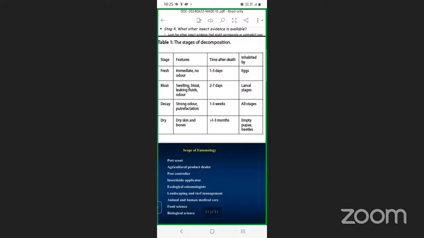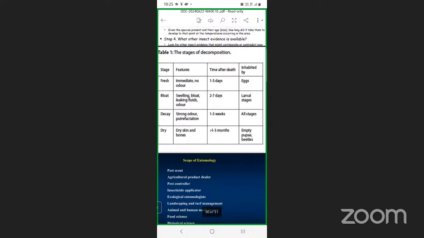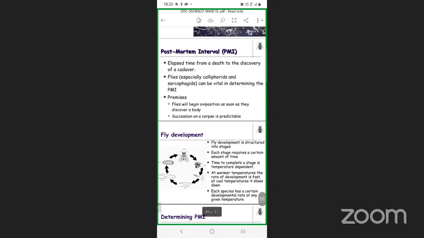So when we see the development, it is structured into stages, meaning each stage requires a certain amount of time to complete. The time to complete a stage is temperature dependent: at warmer temperatures the rate of development will be very fast, and at cool temperatures it slows down.